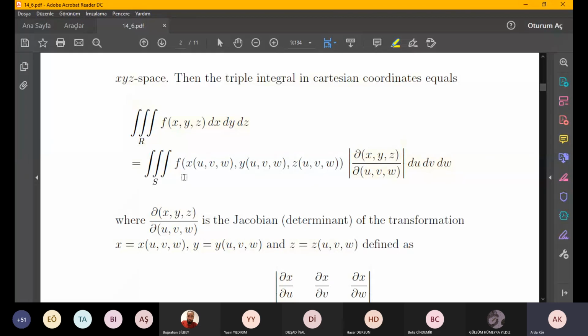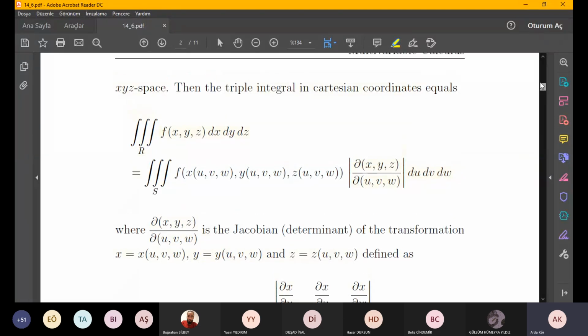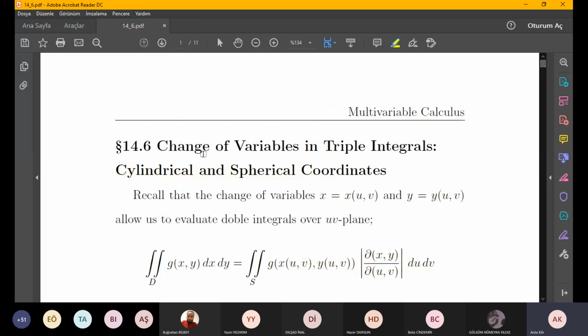So this is all we have for triple integration for this semester.